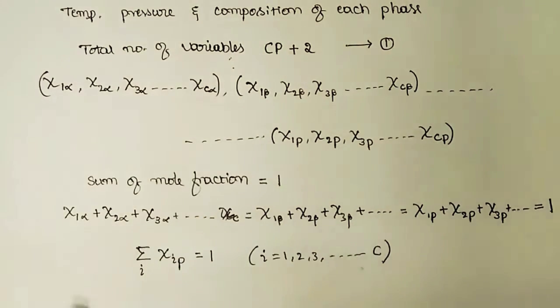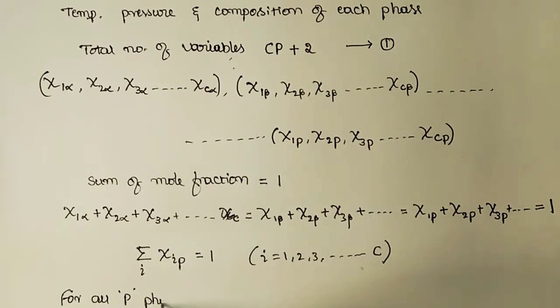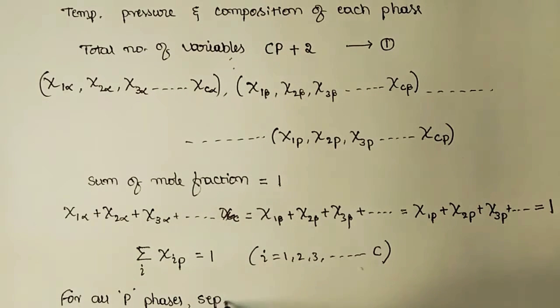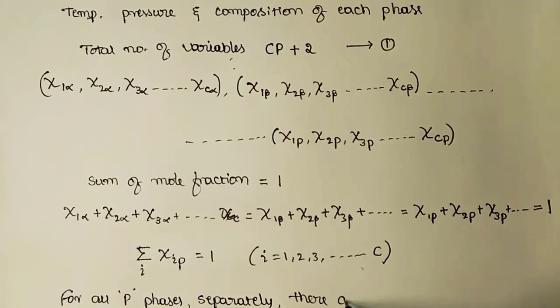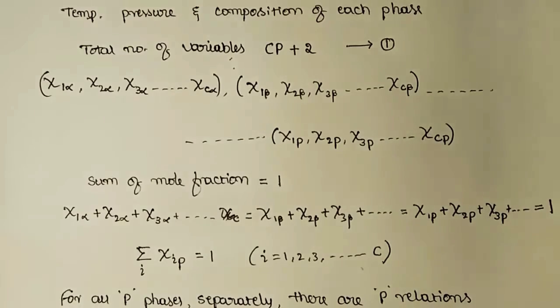Right. So we can say for all P number of phases present in a system, separately, for each phase, there will be P number of relations with respect to mole fractions.